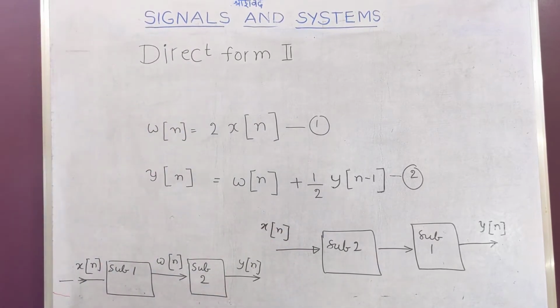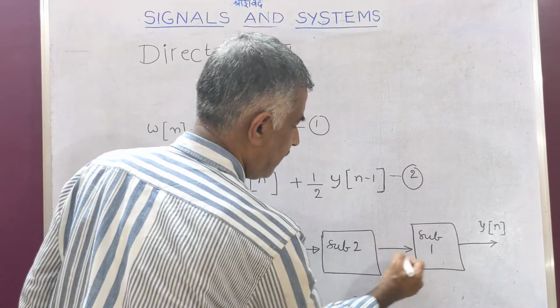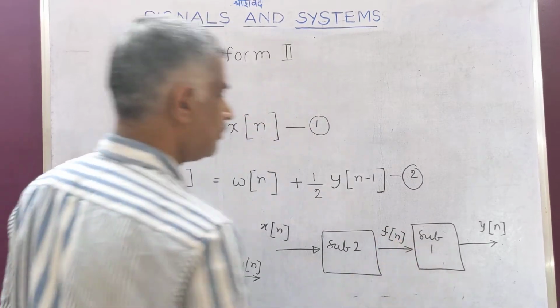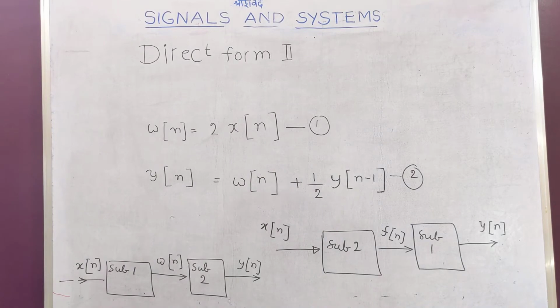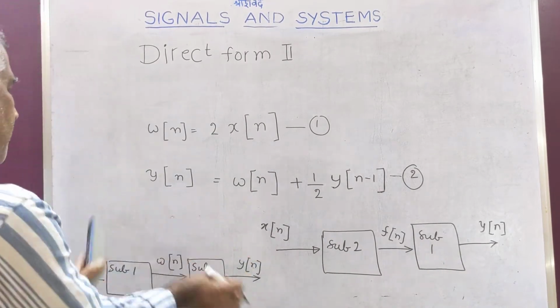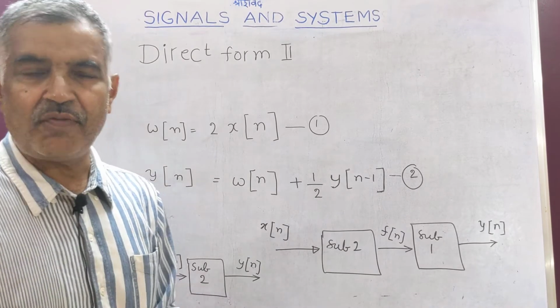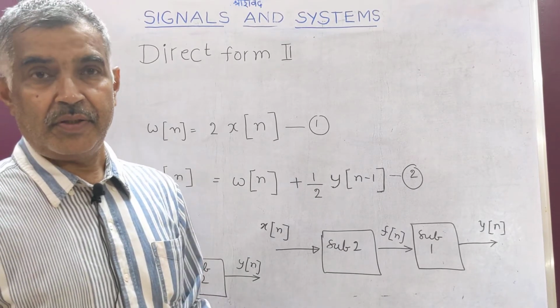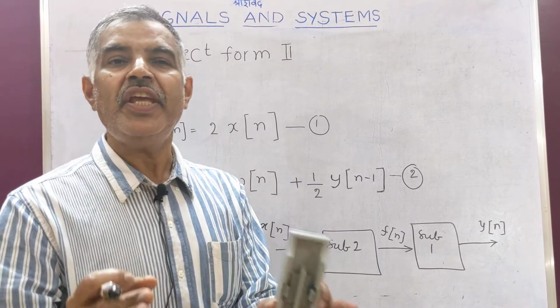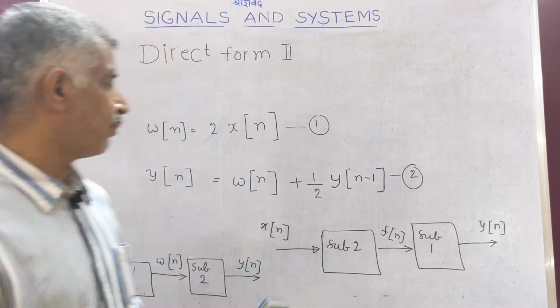And here the intermediate signal I will call f of n. Now you have altered the positions of subsystem 1 and subsystem 2, but signals are to be interchanged. So carefully you have to do the interchanging.